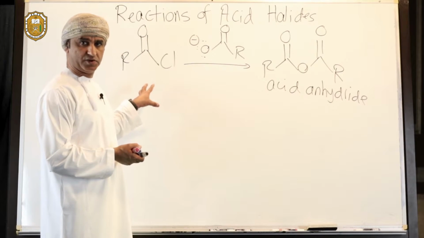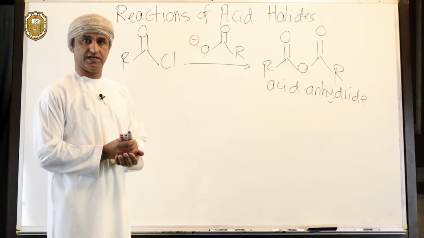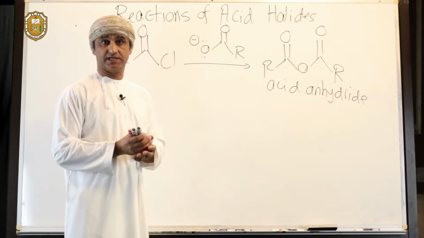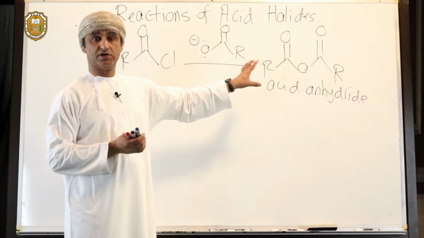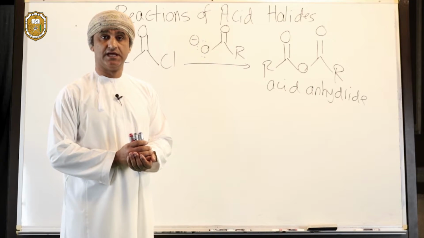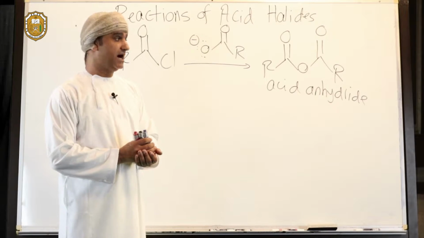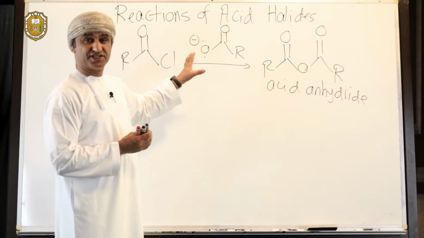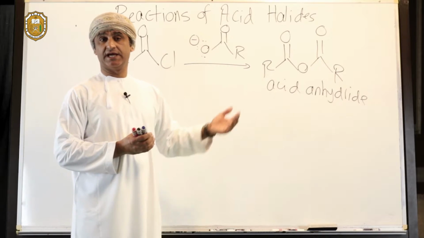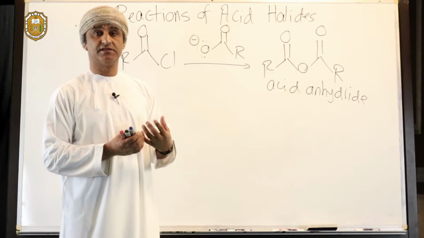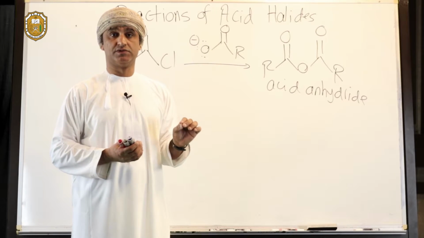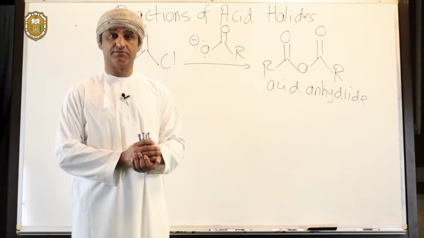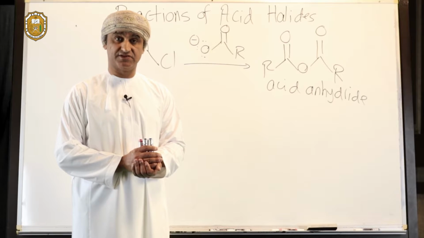So an acid chloride, when treated with a carboxylate ion, being a conjugate base of a carboxylic acid itself, can be converted into the corresponding acid anhydride. Now, this reaction is likely, but the opposite reaction again is not likely. As we have seen, the general trend is that it is always possible to make a less reactive carboxylic acid derivative from a more reactive one.